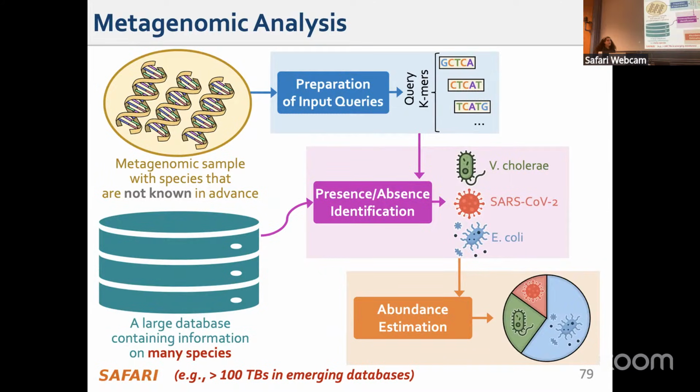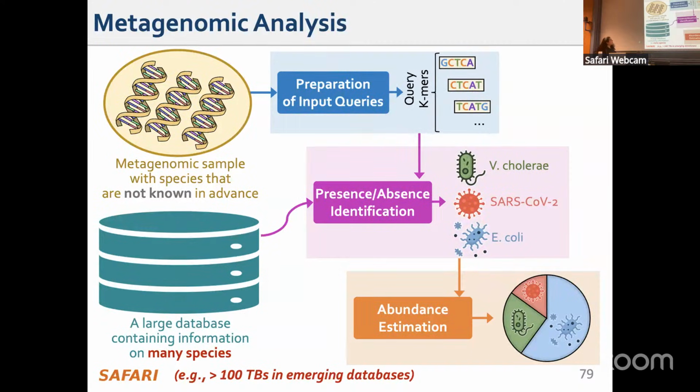Now, let me remind you of this pipeline again. I've talked about it before in the background section, but I see a few new faces, so just a very brief reminder. We need to figure out what is in our sample. We need to prepare our input queries by extracting smaller subsequences of length k called k-mers, so we have these k-mers that are easier to search.